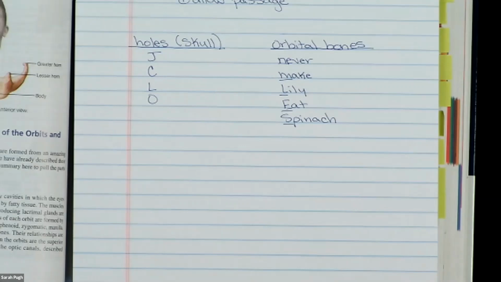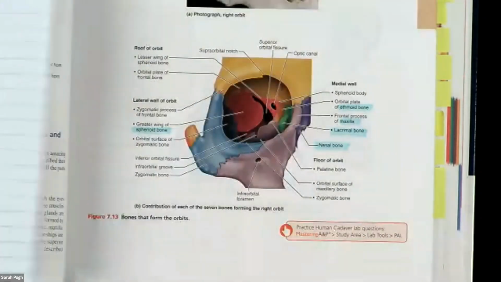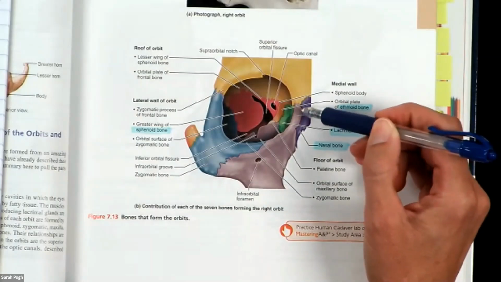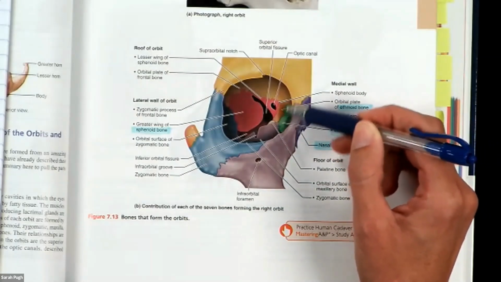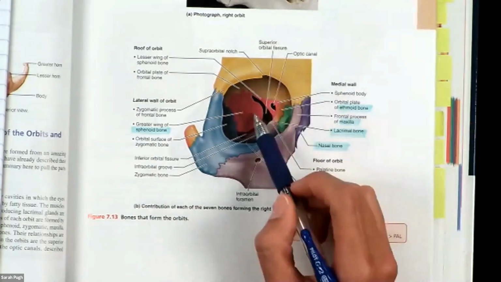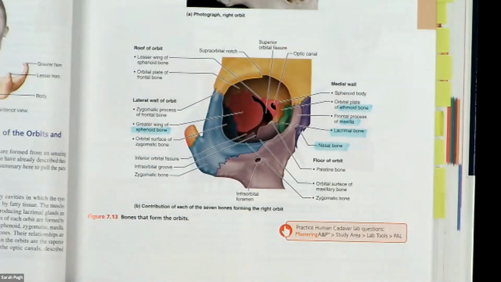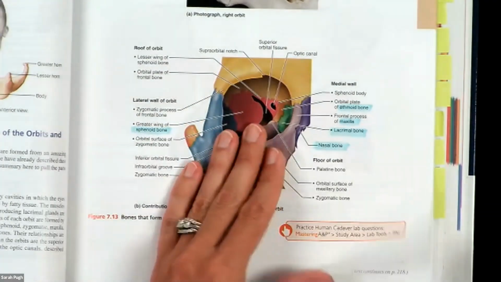Never Make Lily Eat Spinach. So again, if you are looking at your orbital bones, never is nasal, make is maxilla, lily is lacrimal, eat is ethmoid, and then spinach is sphenoid. Okay, so hopefully that'll help in terms of identifying those bones.